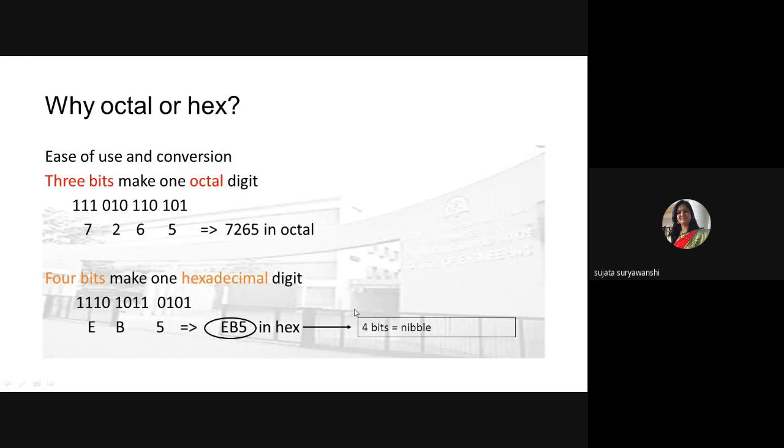Now, consider A40. A40 is a hex number. Convert it into the equivalent binary number and tell me the answer. What are you getting? Wrong. The right answer is 1010 0100 0000.